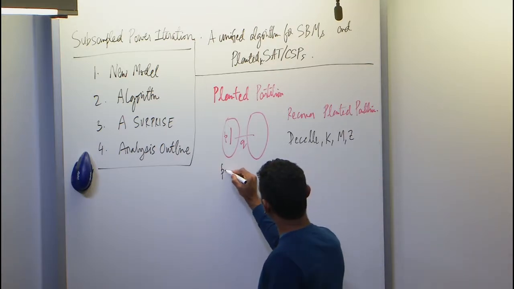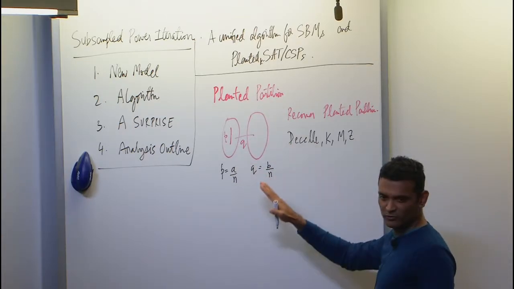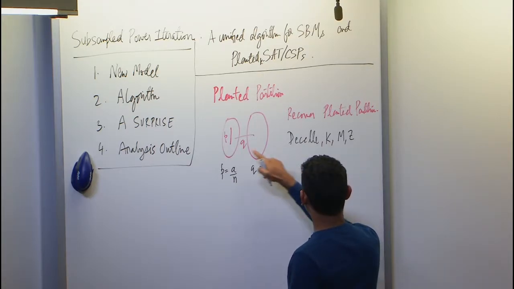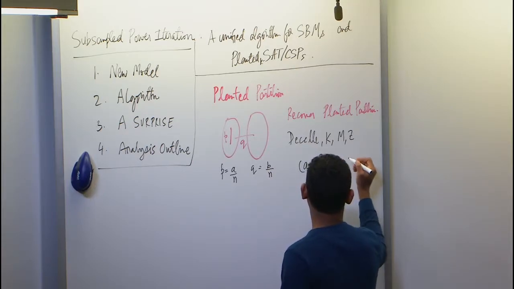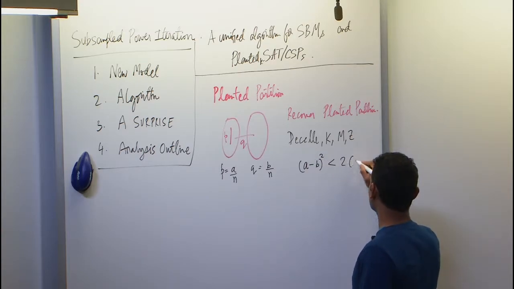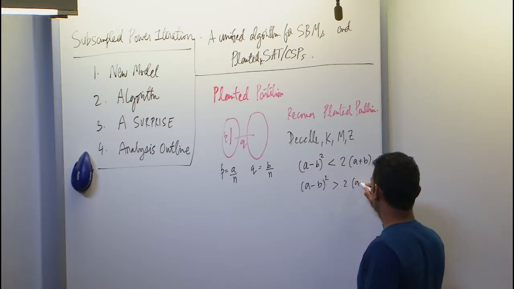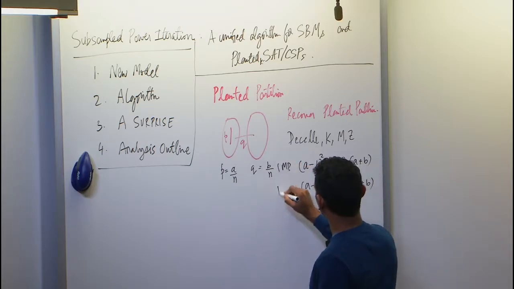If I think of P as A over N and Q as B over N, where N is the total number of vertices, then they conjectured that recovery of this partition is not possible if this quantity is smaller than 2 times A plus B, and is efficiently possible with a polynomial time algorithm if it's bigger. So impossible and polynomial time.